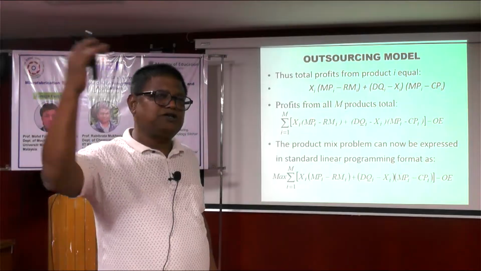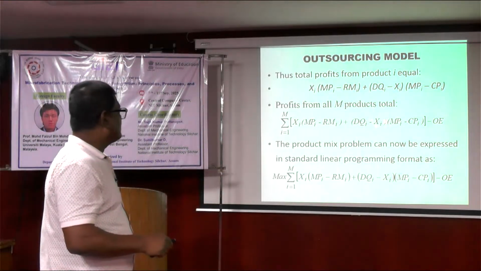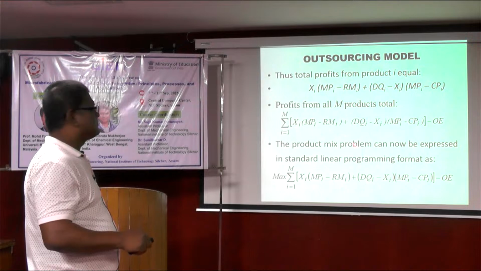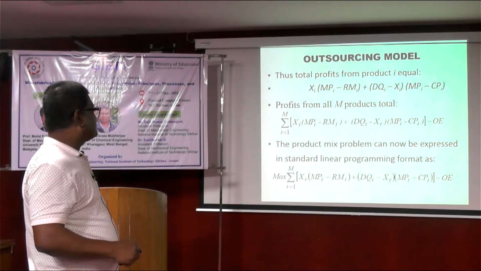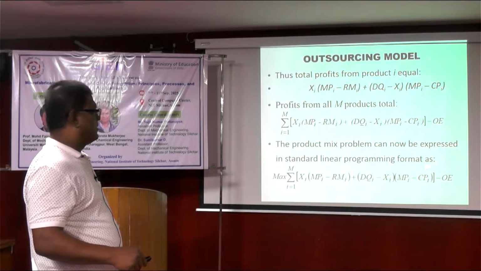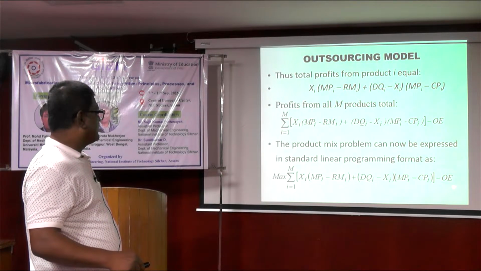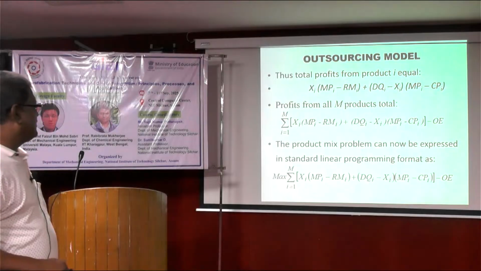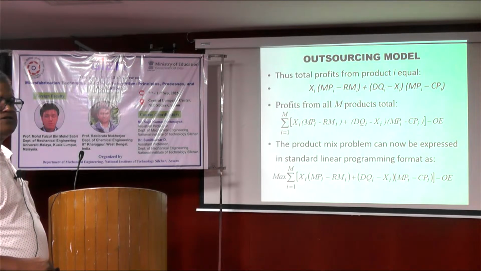Selling price is fixed, raw material price is fixed, operating expenses are fixed, so only these are the variables. So the product mix problem can now be expressed in standard linear programming format as this term minus operating expenses, I from 1 to m, and you have to maximize this.